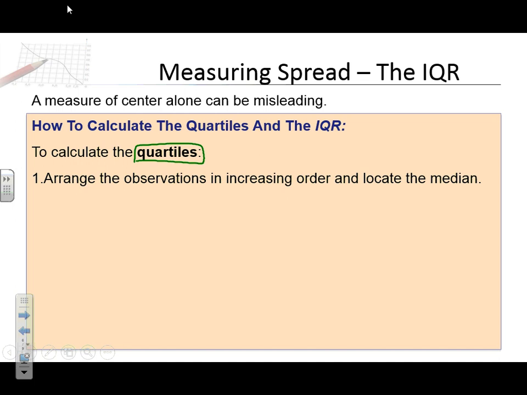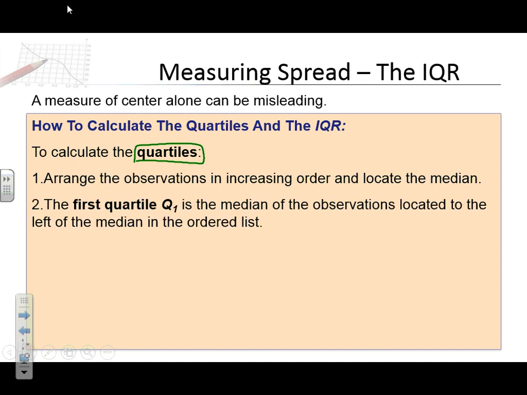Once we know where the halfway point is, now we know that 50% of our observations are left, 50% are right. So what we need to do then is find the medians of those two lists separately. So the first quartile is called quartile 1, or you'll see it listed as Q sub 1. That's the median of the observations located left of the median.